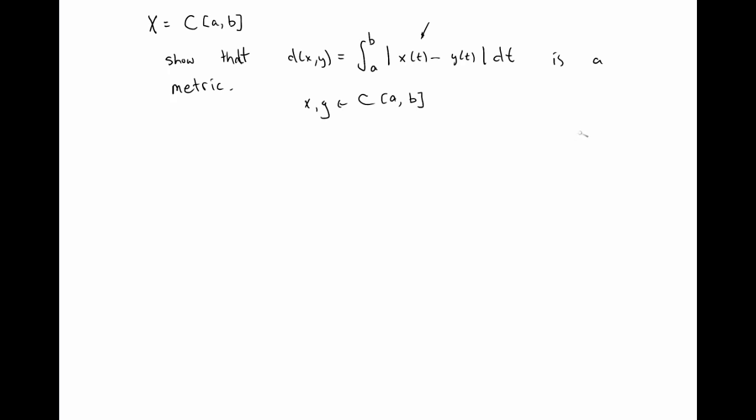So if we set our function f(t) equal to x(t) minus y(t), what we have here is f(t) is greater than or equal to 0 for all t. That's a nice thing.